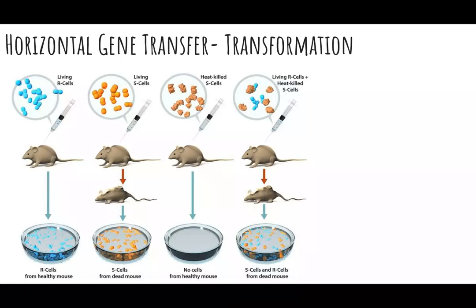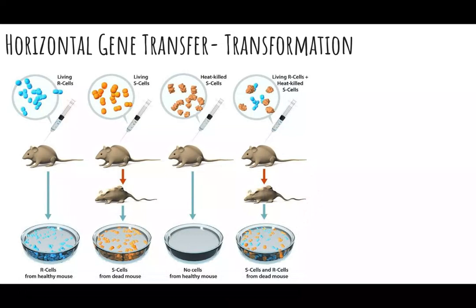If he took the heat-killed smooth cells and living rough cells, or R cells, and combined them together, then injected them into the mouse, the mouse died, and he was able to reculture both smooth and rough cells. So this is really weird.